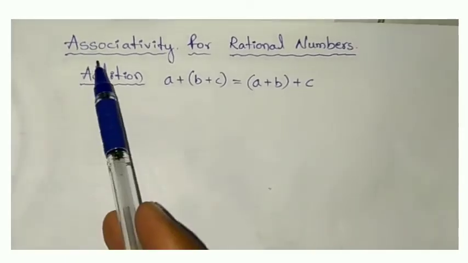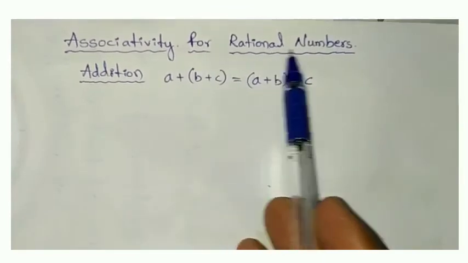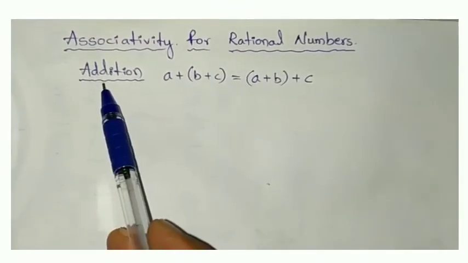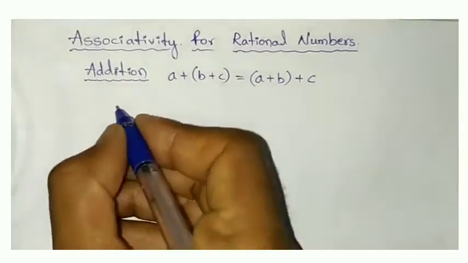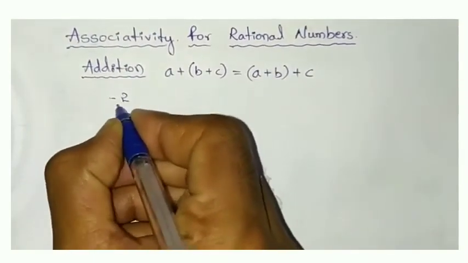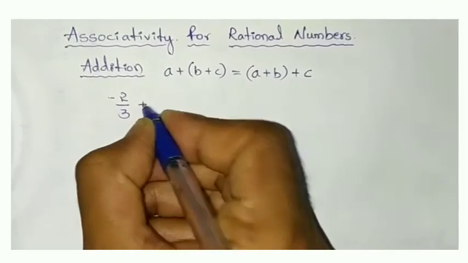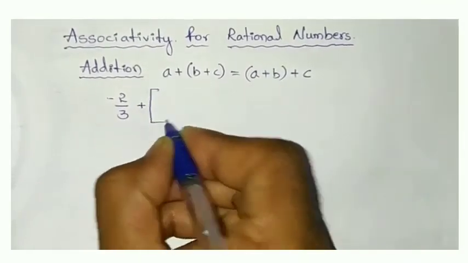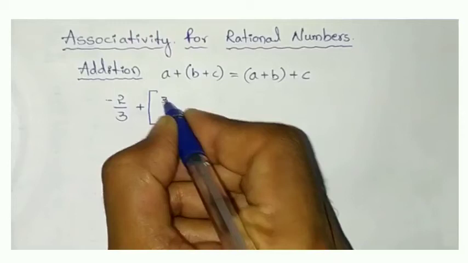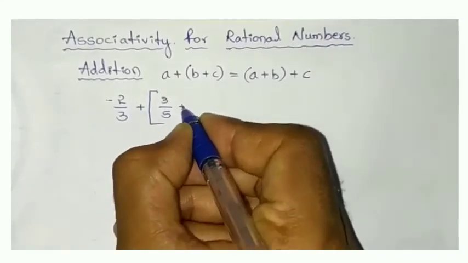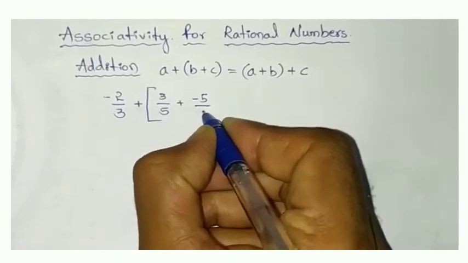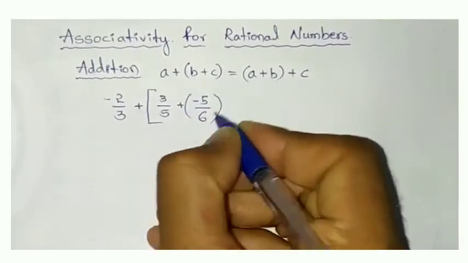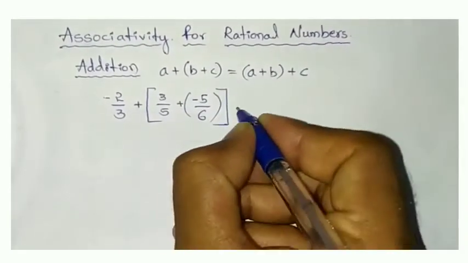Now applying associativity for rational numbers. In that, first the row operation, that is addition. Let's take one example: minus 2 by 3 plus, in square brackets, 3 by 5 plus minus 5 by 6, bracket closed.